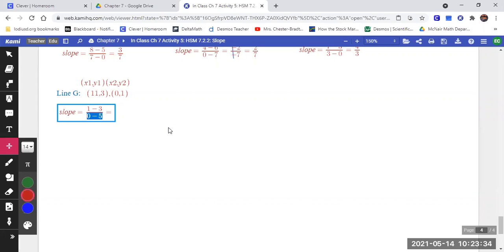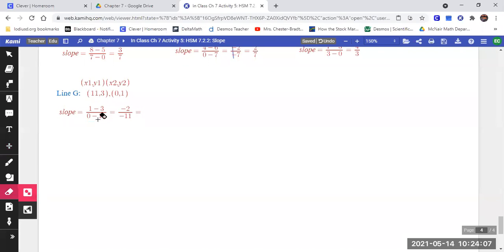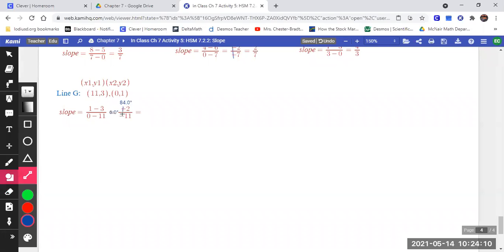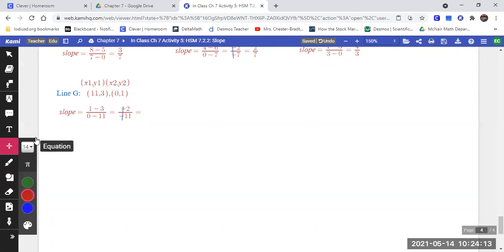What's with the 1? 0. Oh, then we just have to change this number here to what? That's the only number of the 4 that we haven't used. -11. And what fraction would this be? -2 divided by, remember you have to highlight it, by -11, which simplifies to what? Because negative divided by negative goes away. So it doesn't matter which parentheses you start with. You just have to make sure for the x's you go back to that same one.